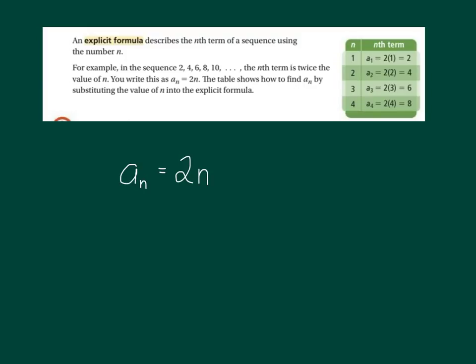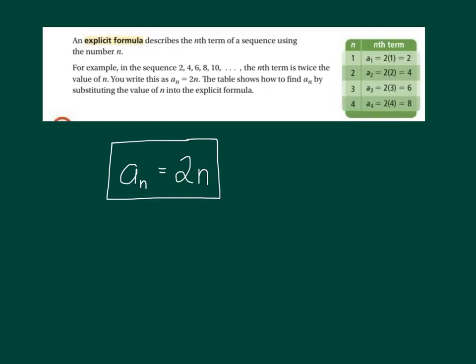And you can see from the table up here, the first term then is 2 times 1 is 2. Second term is 2 times 2, which is 4. Third term is 2 times 3, which is 6. So on and so forth. So this is the explicit formula for the sequence. Explicit meaning that this side of the equation just has the n involved.